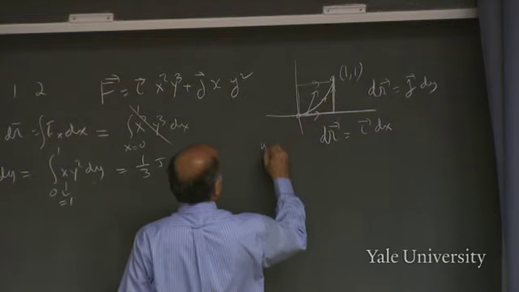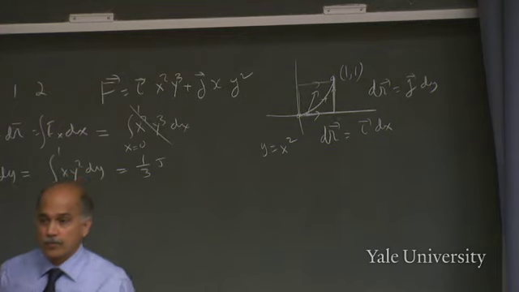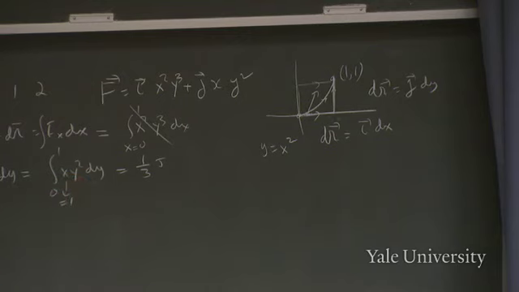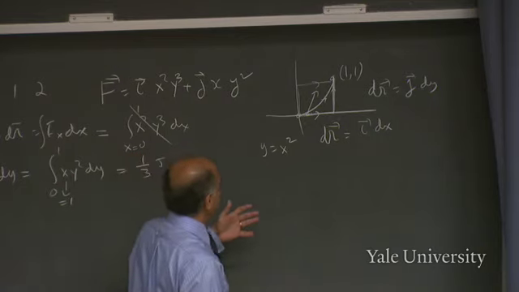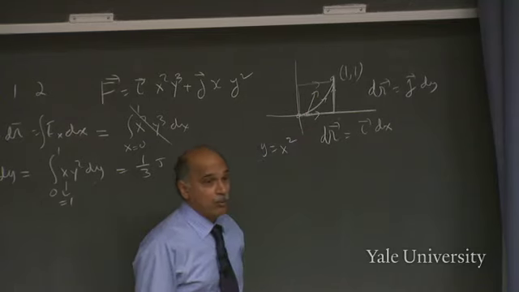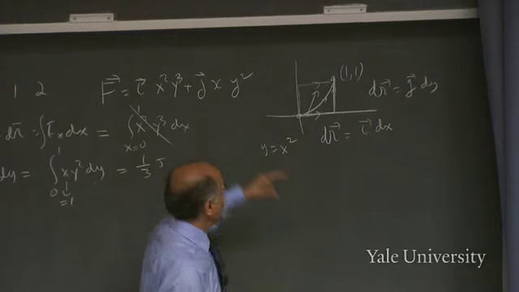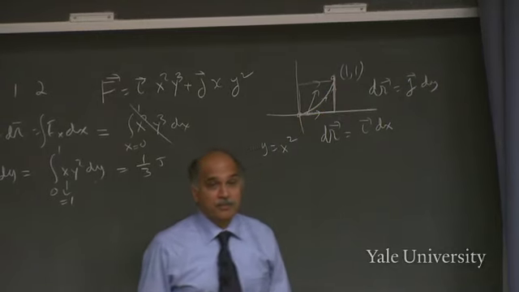This is the curve y equal to x squared. First of all, you've got to understand the curve y equal to x squared goes through the 2 points I'm interested in. If you took y equal to 5x squared, it doesn't work. But this guy goes through 0,0 and goes through 1,1. And I'm asking you, if I did the work done by the force along that segment, what is the integral of F dot dr?